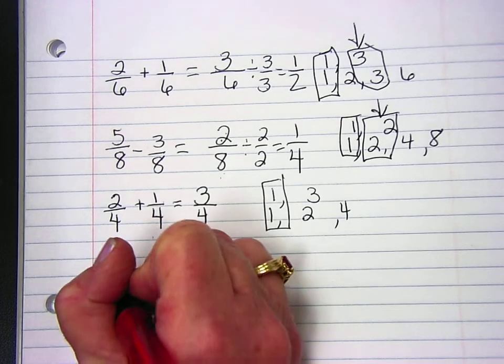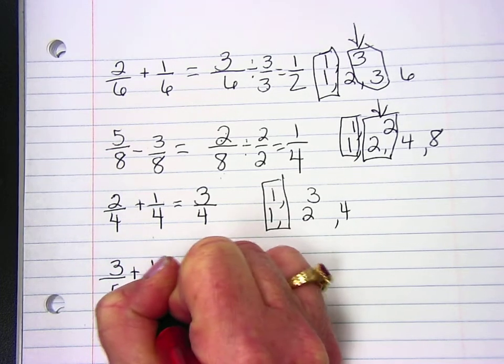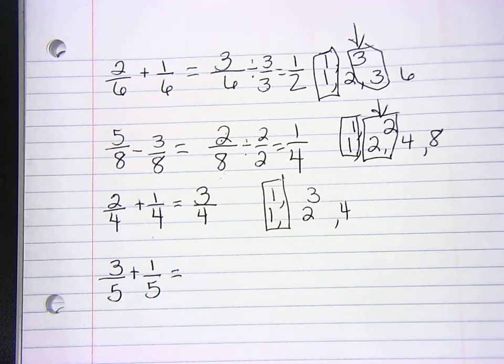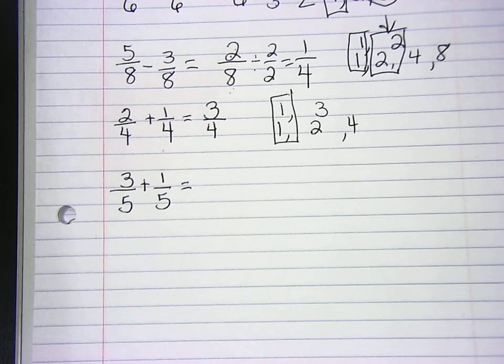If I have 3/5 plus 1/5, do that on your whiteboard. And don't even worry about denominators that are different. You'll do that next year. And if you get this down and being able to put it in simplest form and then do equivalent fractions, you'll have it. So this should be really fast.